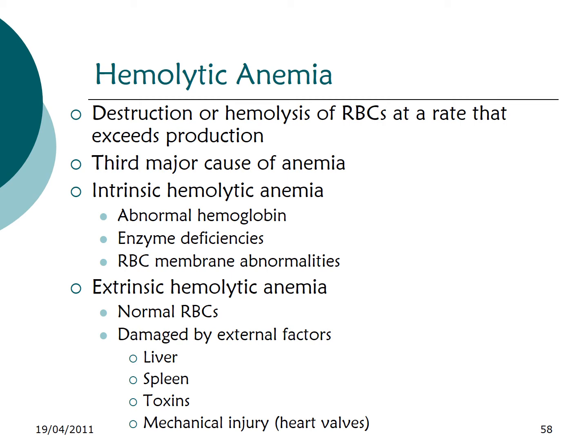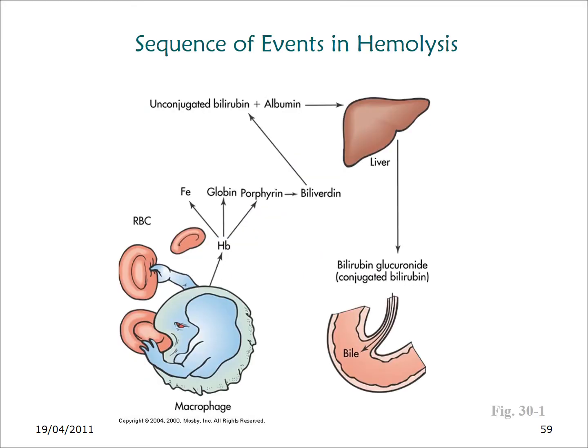In extrinsic hemolytic anemia, the red cells are normal but are damaged by external factors such as the liver, spleen, toxins, or mechanical injuries. Next slide. So the sequence of events. Next slide.